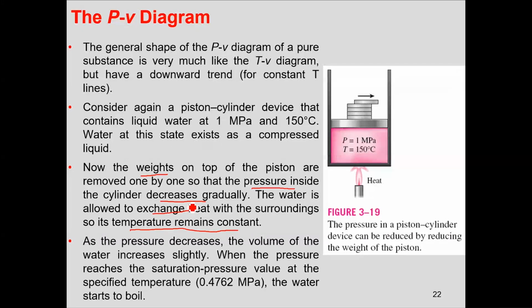As the pressure is decreased, the volume increases until the saturation pressure is reached, which for your specified 150 degrees centigrade is 0.4762, and the water starts to boil.